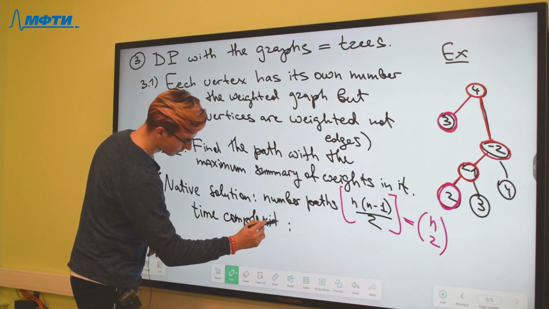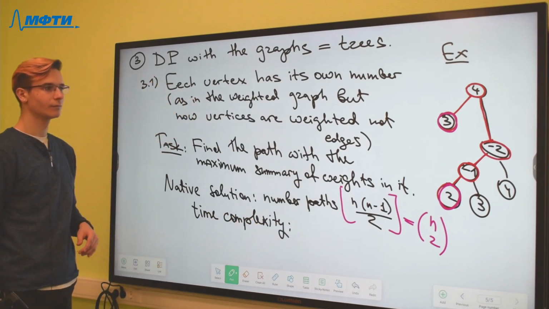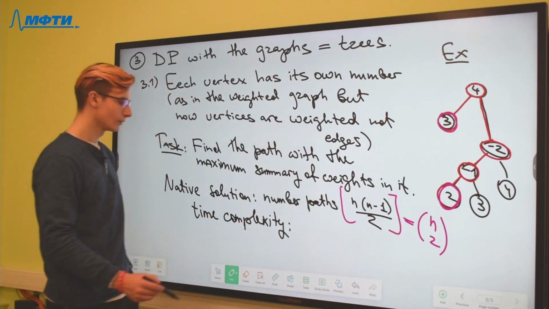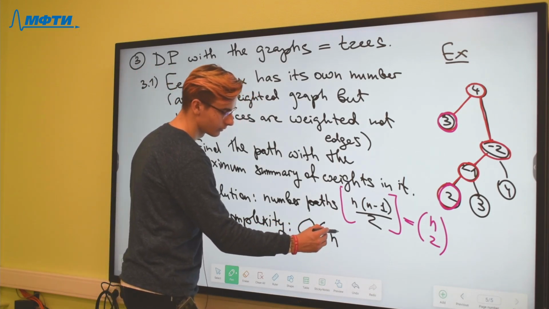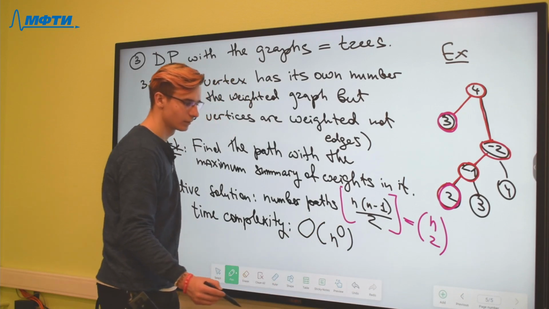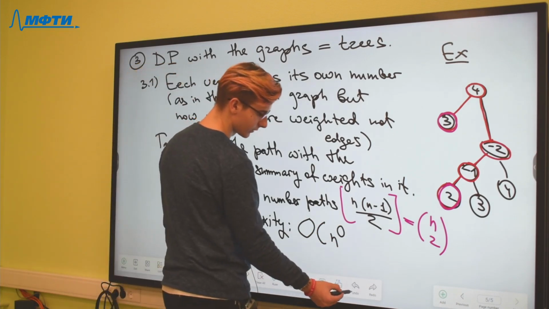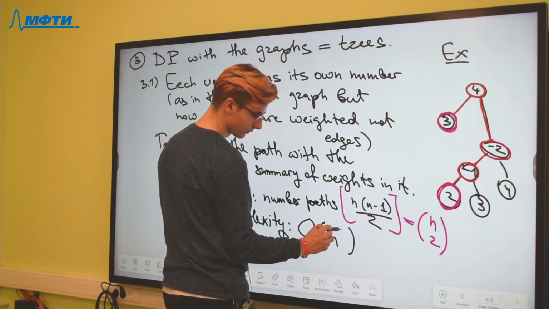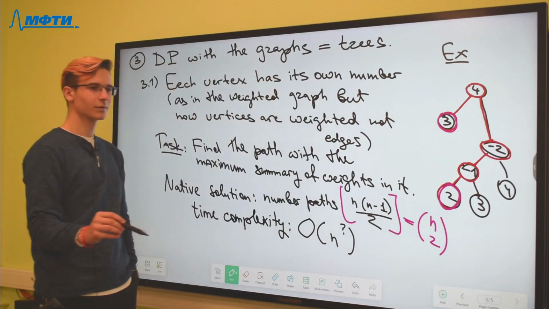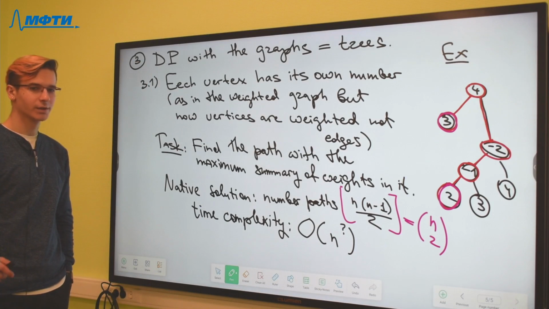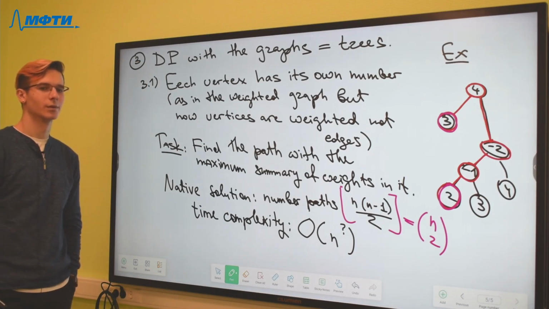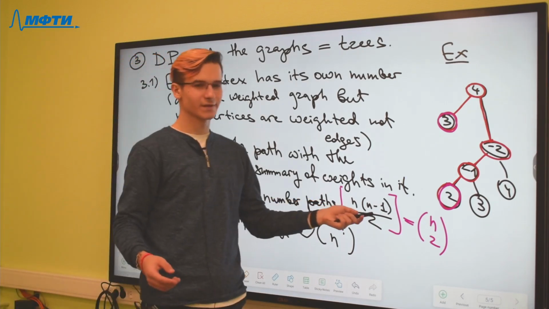O of n squared. Why do you say n squared? Because of the number of paths, yeah?